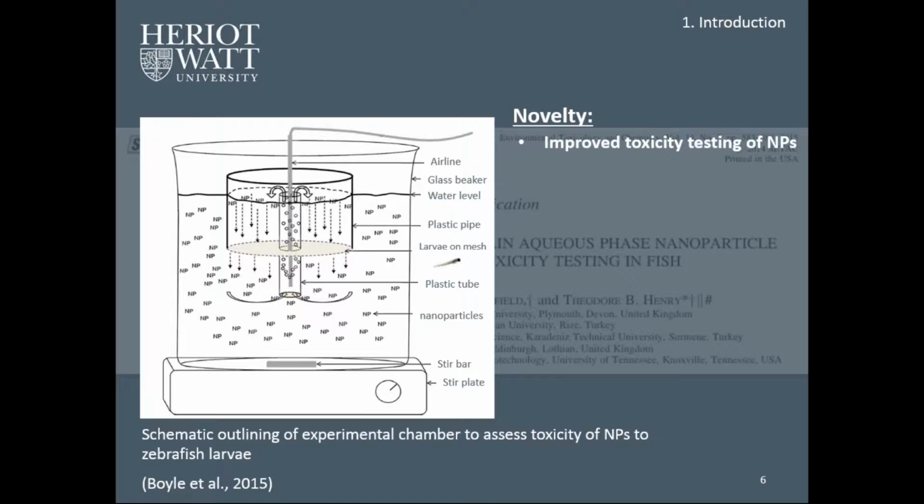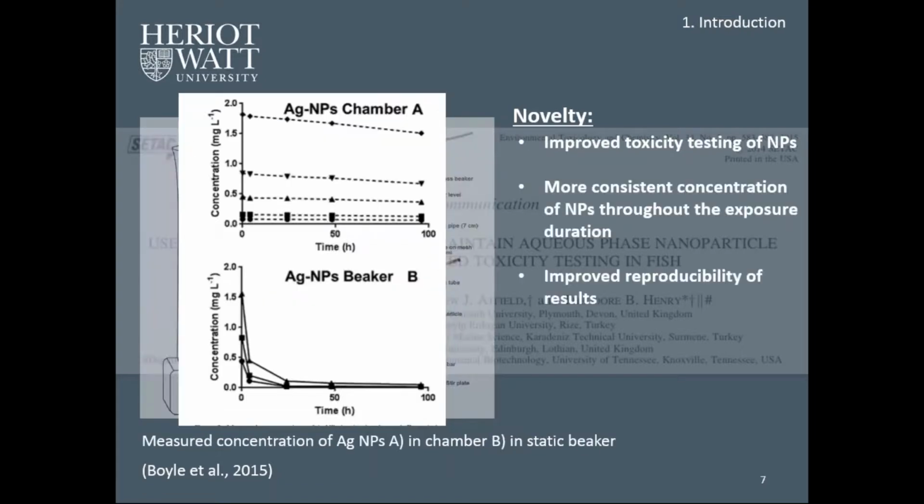This design improved the toxicity testing of the nanoparticles. As we can see in graph A, the concentration of silver nanoparticles is kept consistent throughout a 96-hour exposure period, in contrast to a static beaker, where after a few hours there are no nanoparticles measured in the water volume.